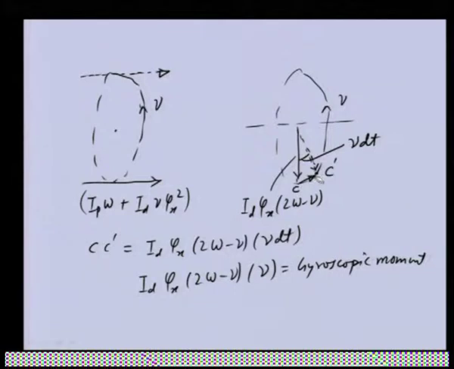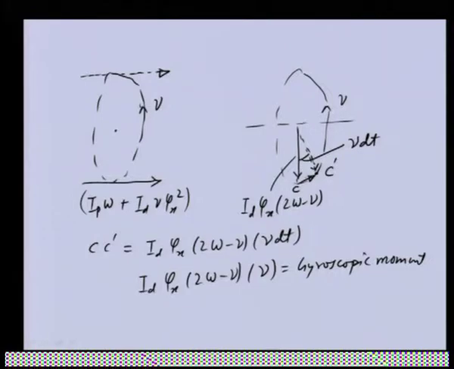That means in this particular case it will be into the screen, inside the screen. So, it will be acting, if we see on the screen, in the clockwise direction, according to the right hand rule from C to C prime.